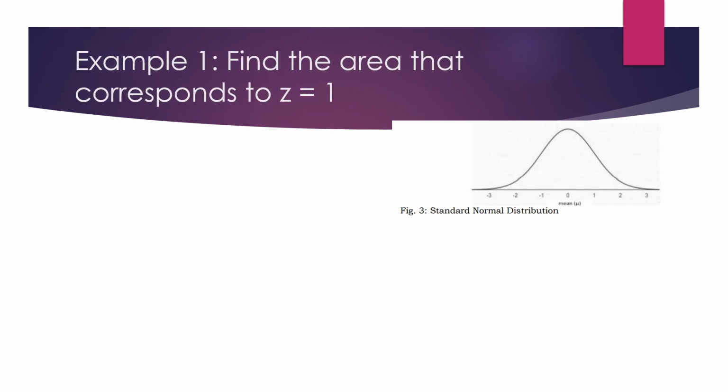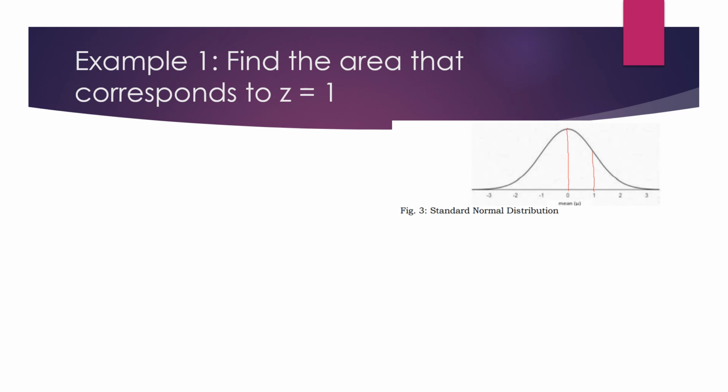Example number 1. Find the area that corresponds to z equals 1. First and foremost, we have to locate where the area of z equals 1 is. So first, in our standard normal curve, the mean falls exactly at 0. So we will have this point as its middle, and then 1 is at this point.